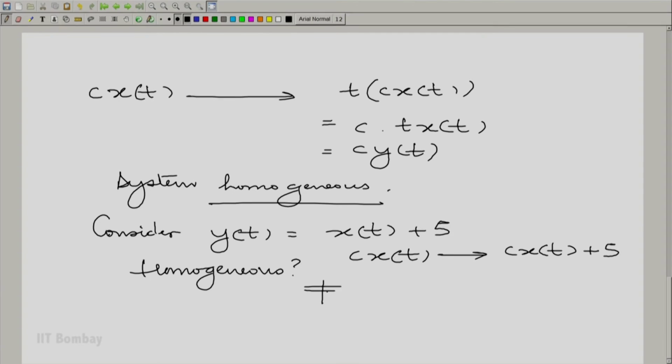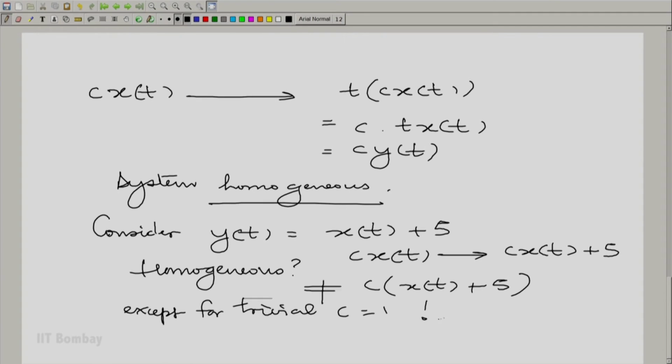That is not the same thing as C times x(t) plus 5 in general, except for the trivial case C equal to 1. So, clearly the system is not homogeneous. In fact, therefore, it is neither additive nor homogeneous.